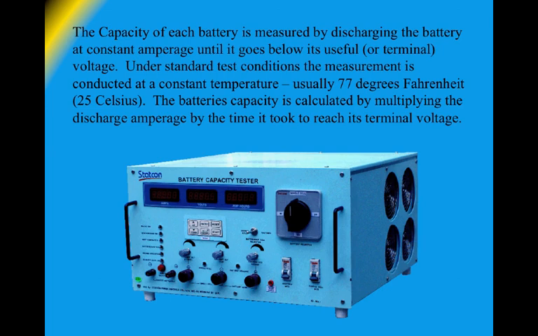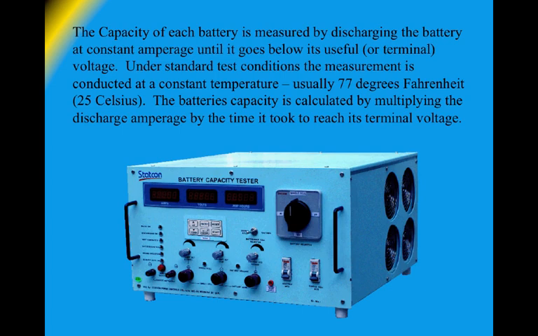Now, capacity in a battery is derived at manufacturers by discharging the battery, and this discharge is done at a constant amperage until it goes below its useful voltage. This is referred to as the terminal voltage.